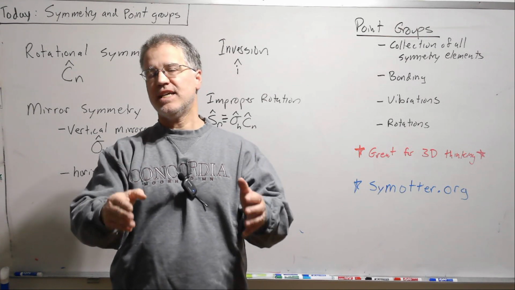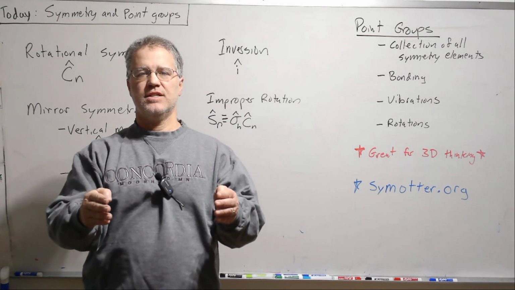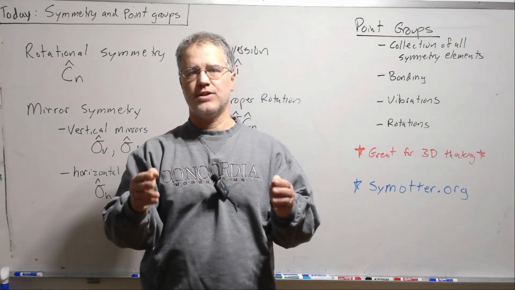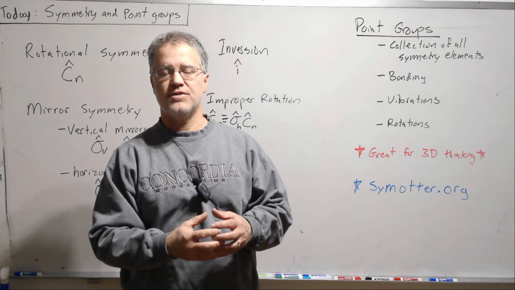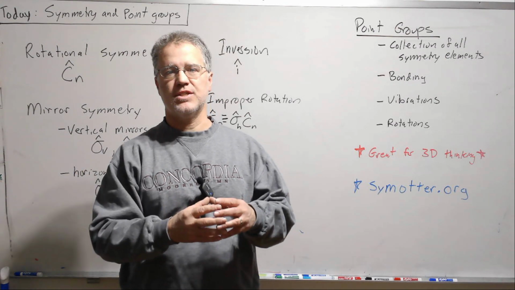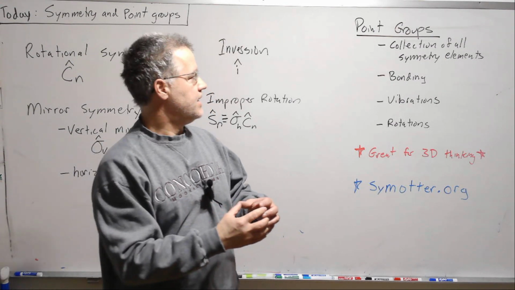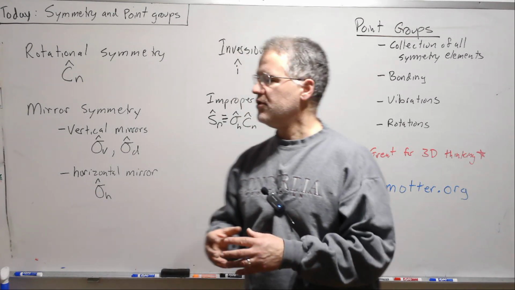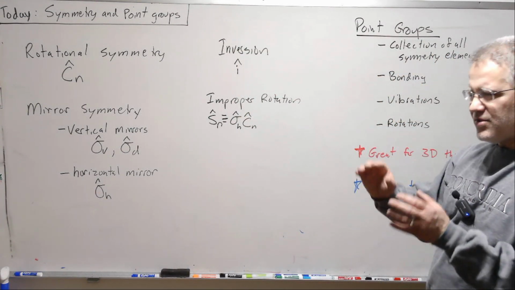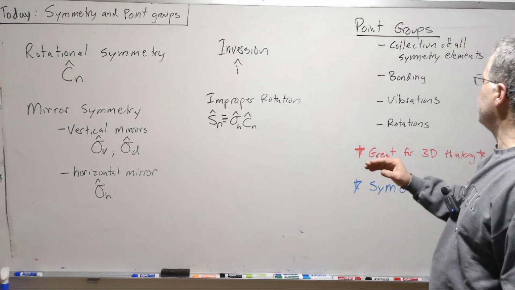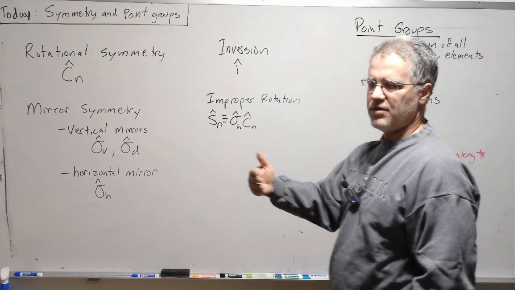Then that particular set of symmetries is what's called a point group. And there's just a limited number of so-called crystallographic point groups, 32 of them, and molecules fall into those crystallographic point groups.